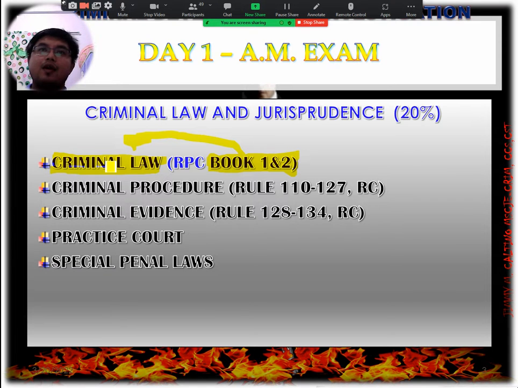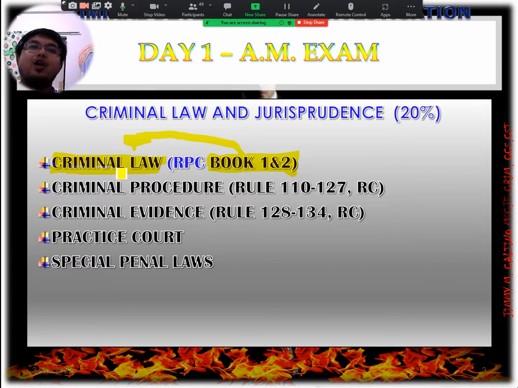And lastly, criminal law provides for their punishment. That's why in your criminal law book 2, you are made to memorize the elements, and after the elements, you see what could be the equivalent punishment.